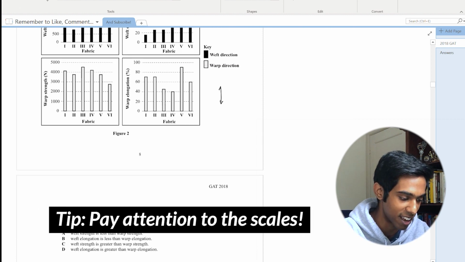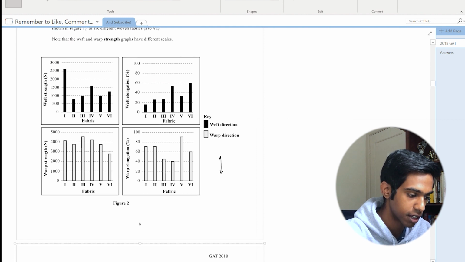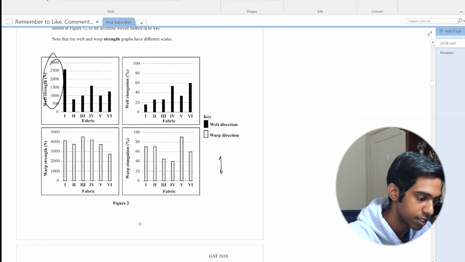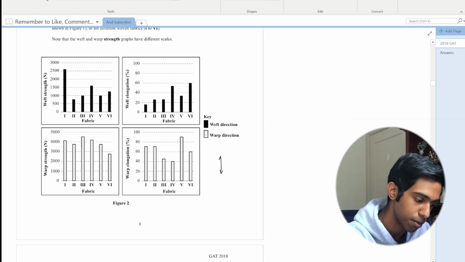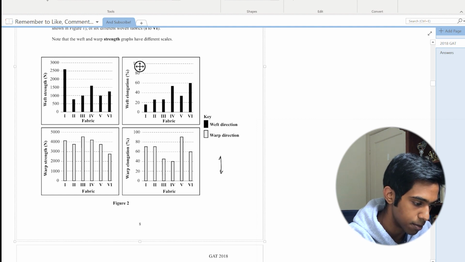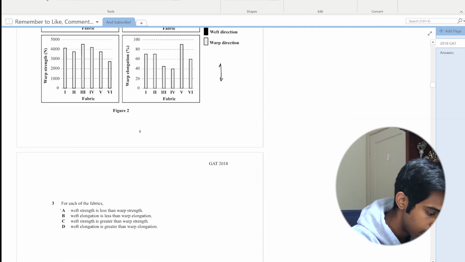Yep, so I've completely missed that. So the weft strength is less than the warp strength is true because this one has a lower scale. It ends at 3000, and for each of these fabrics, the weft strength is less than the warp strength, which is higher. So we can just go through them individually, but we probably don't have to because it seems like that's all true. Even in 6, which is probably closest, is close to 3000. This is 1250. So this one would be A.